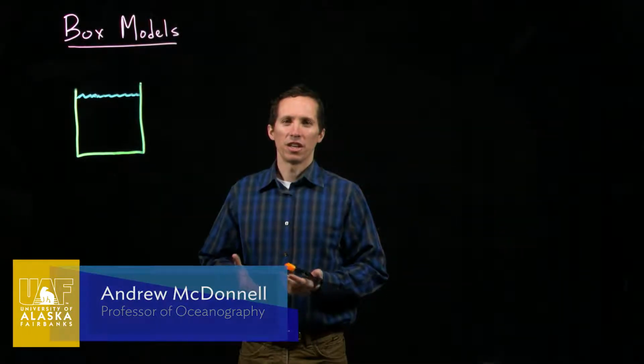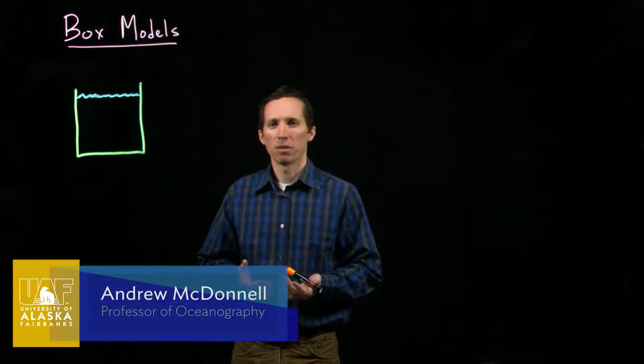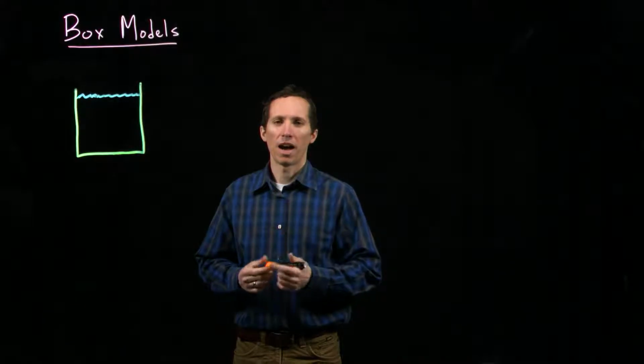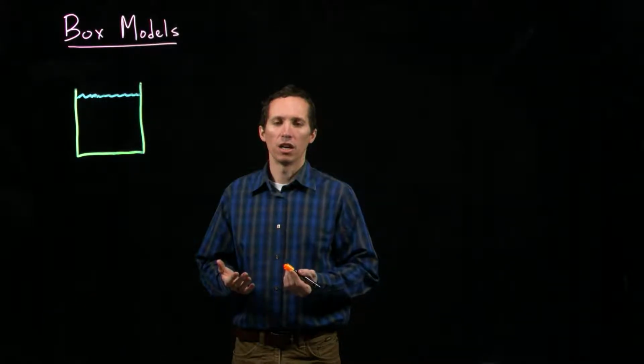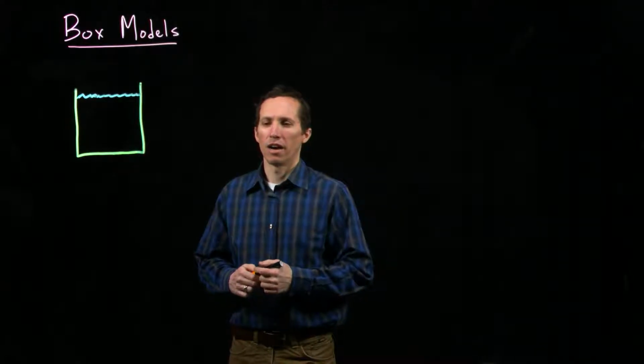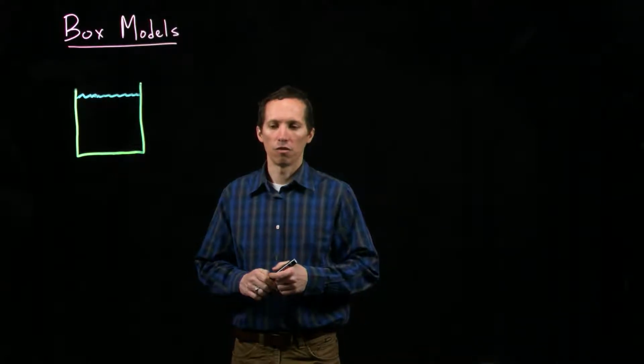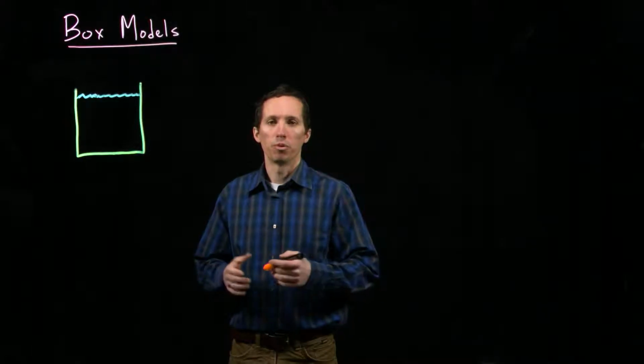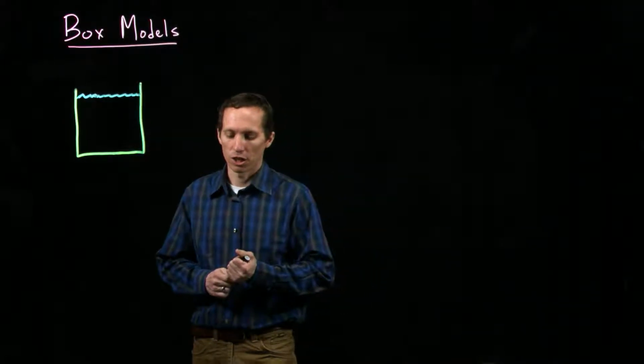This video lecture is about box models, and box models are a tool to describe how the concentration of any given element or constituent in the ocean varies as a function of its input and output processes in the ocean as a whole.